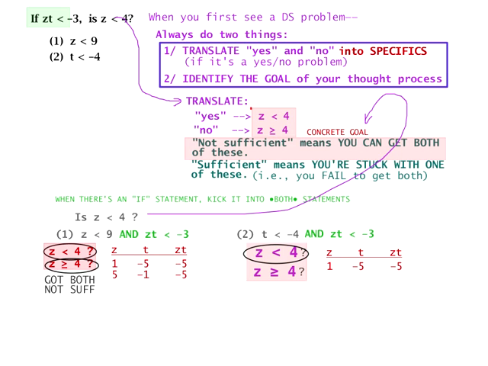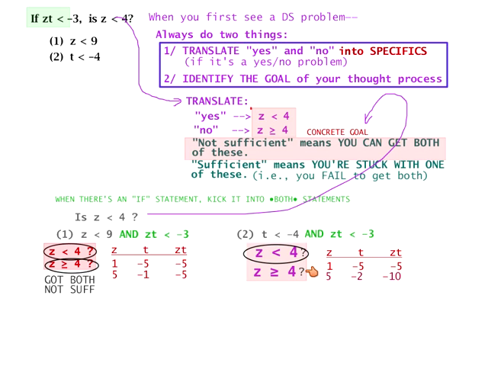So if we try z to be something like 5 and then -2, because then zt is -10, that satisfies the condition.